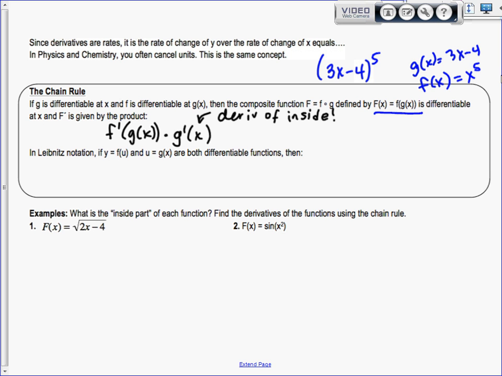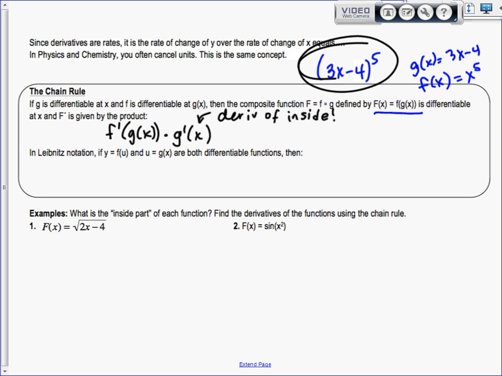That's the chain, so we don't forget it. We just take the derivative of the outer part just like normal. So when you look at this, you still do the 5, the 3x minus 4 to the 4th, right? But then we have to remember that it wasn't just a plain variable on the inside, so we multiply by the derivative of the inside. Does this make sense? See what I'm saying?